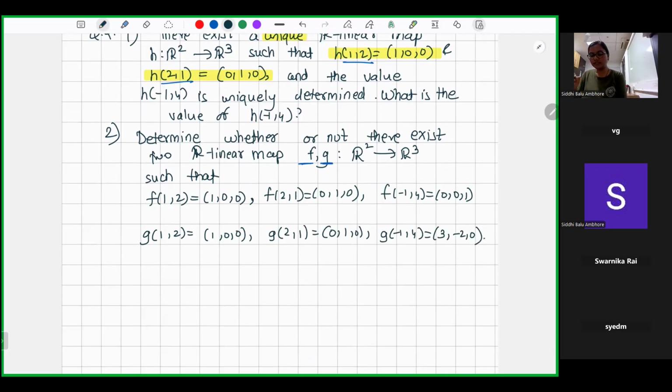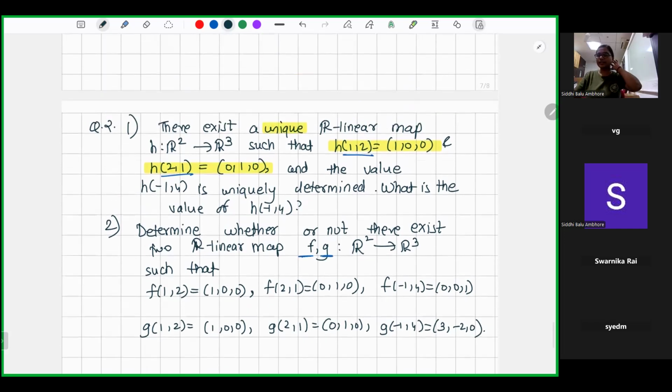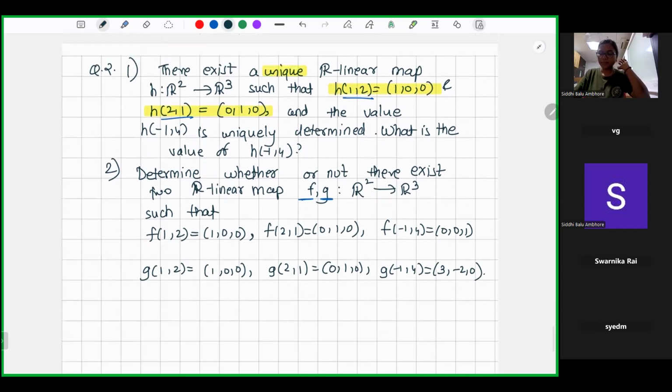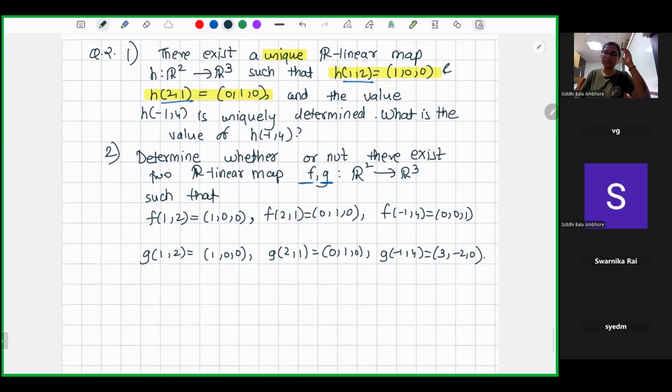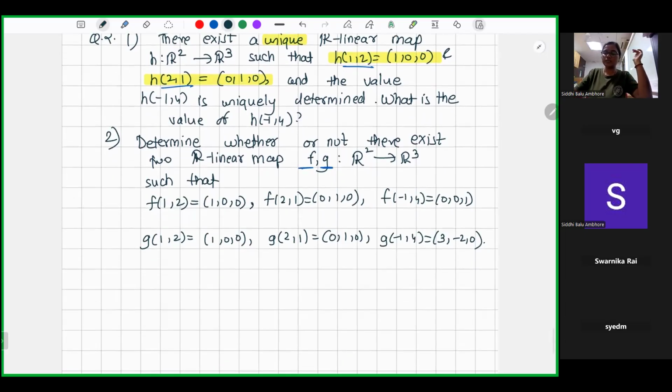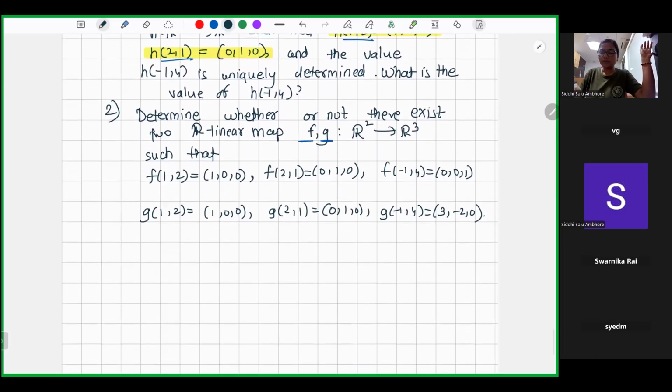And we will see whether that is happening or not. So here what they are saying is that there exists a unique R-linear map h from R2 to R3 such that h of (1, 2) is something and h of (2, 1) is something, and the value of h of (-1, 4) is uniquely determined, and what it will be.